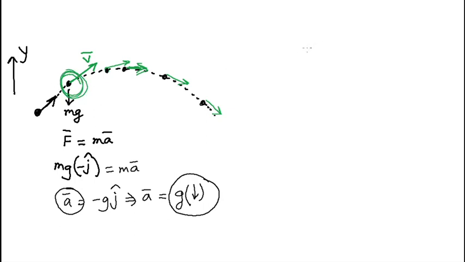I'll draw it in a diagram like that. So I must draw a directed line segment which has the same magnitude and same direction as the velocity vector shown over here, and this of course is equal to v bar itself.